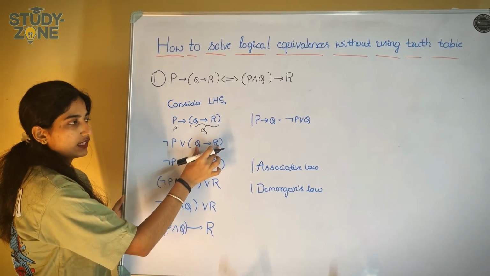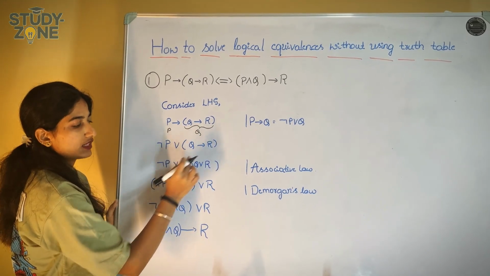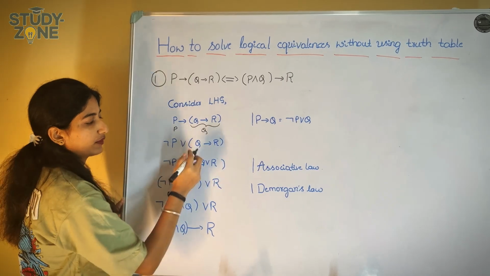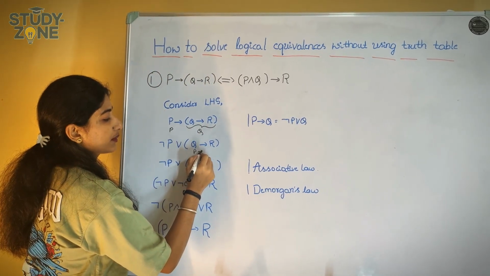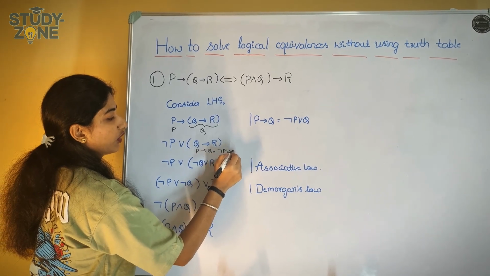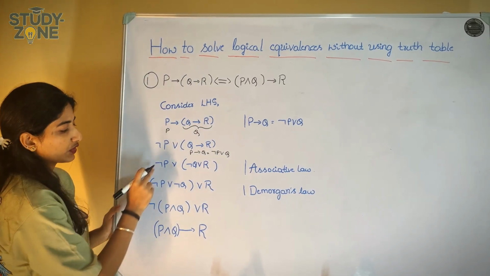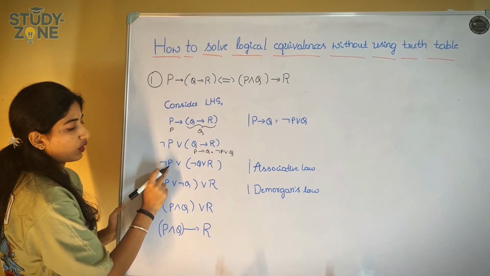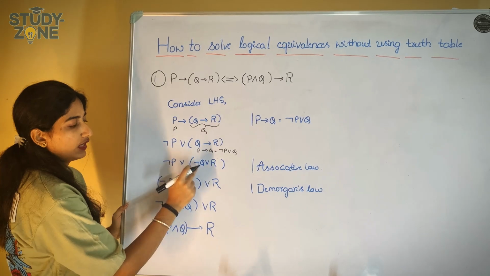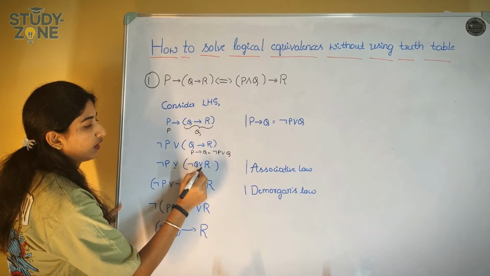And then here, same thing: Q implies R means not Q or R, which means here let us consider this as P and this as Q, which is equal to not P or Q, correct? So not Q or R. Now look at this: here there is not P, here there is R, not Q or R, here OR, here OR.